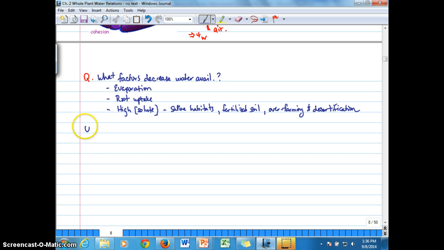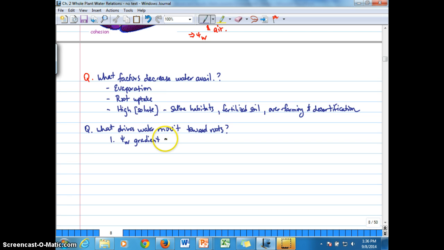All right, so let's find out now what drives water movement. What drives water movement towards roots? This builds on some of the things we talked about in Chapter 1. One of these factors is going to be a water potential gradient: the gradient is high away from the root and decreases as water moves towards the root.